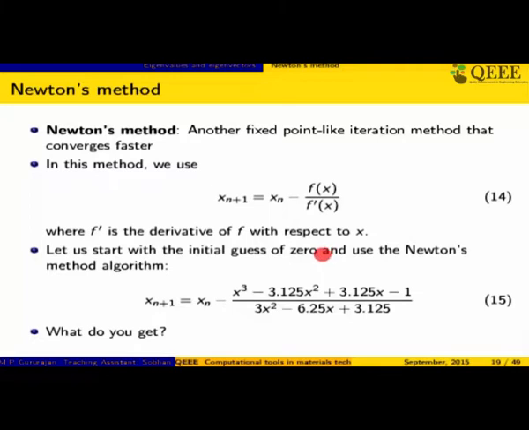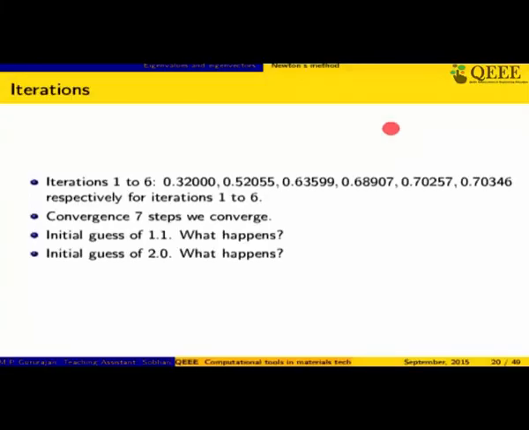So this is Newton's method. Okay. If you do Newton's method, these are the iterations 1 to 6. So start with 0, then you get minus 1 by 1.325 and so on. So in 7 steps it converges.